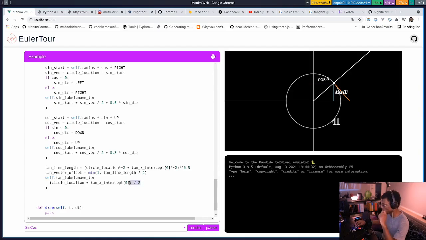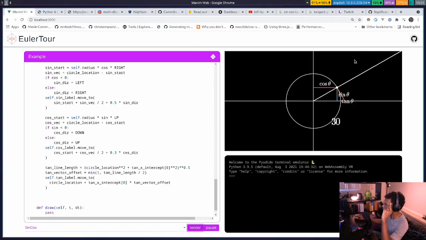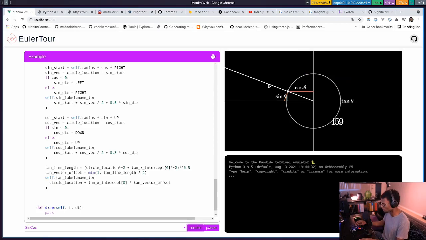And now to be circle location times circle location plus this vector, and I've scaled that vector by this. And now it's not moving.